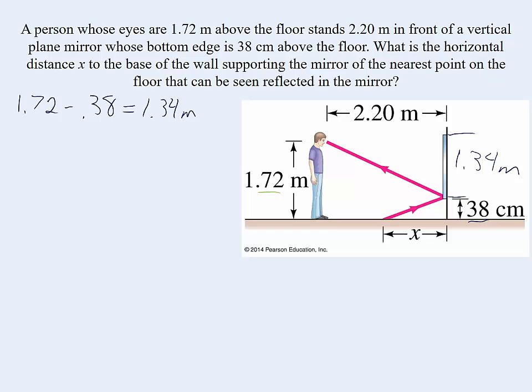Remember that the law of reflection says that theta I equals theta R. So these angles being equal and these two triangles being right triangles means that we can use similar triangles to solve this, to figure out what x is.